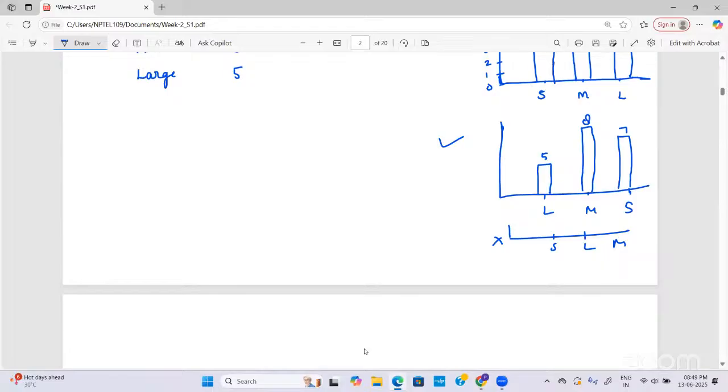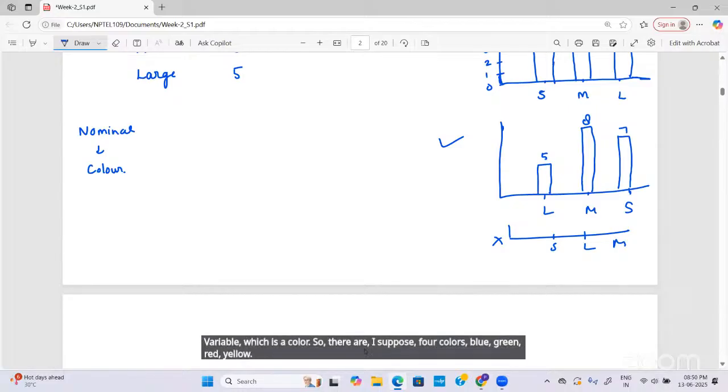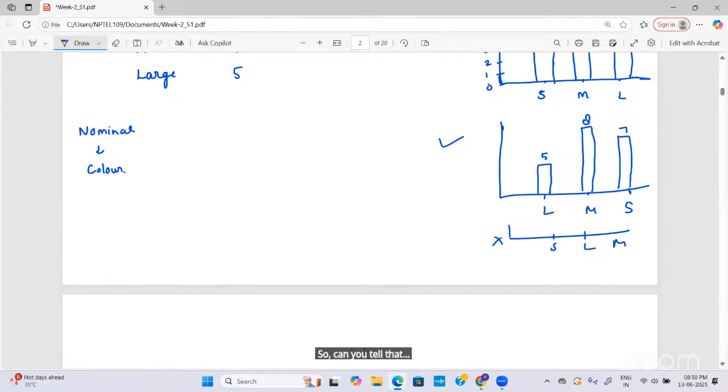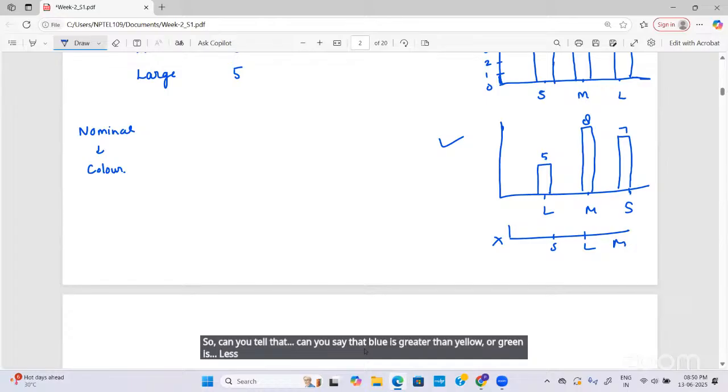So in nominal data, suppose you have a color variable. So there are suppose 4 colors: blue, green, red, yellow. Can you say that blue is greater than yellow or green is less than red? Something like this? No, right? Because there is no order.